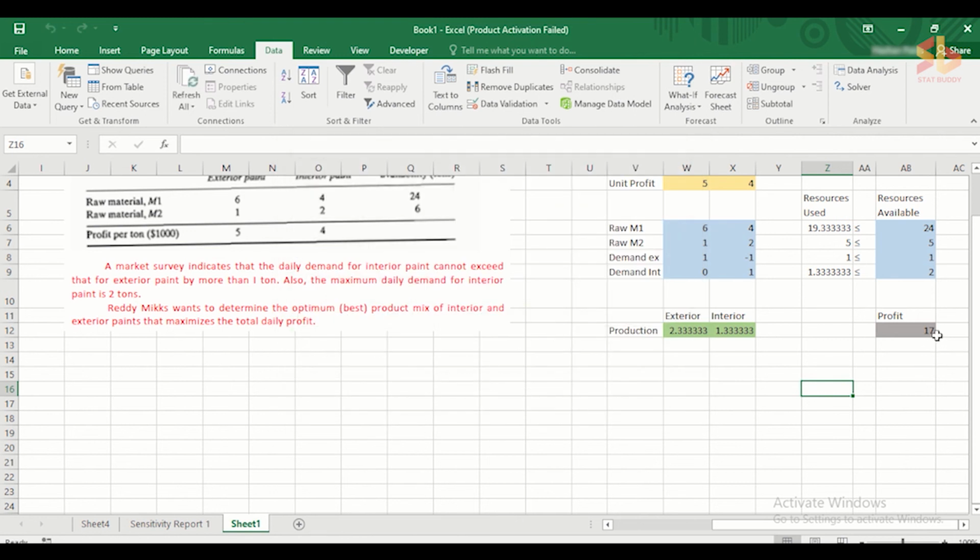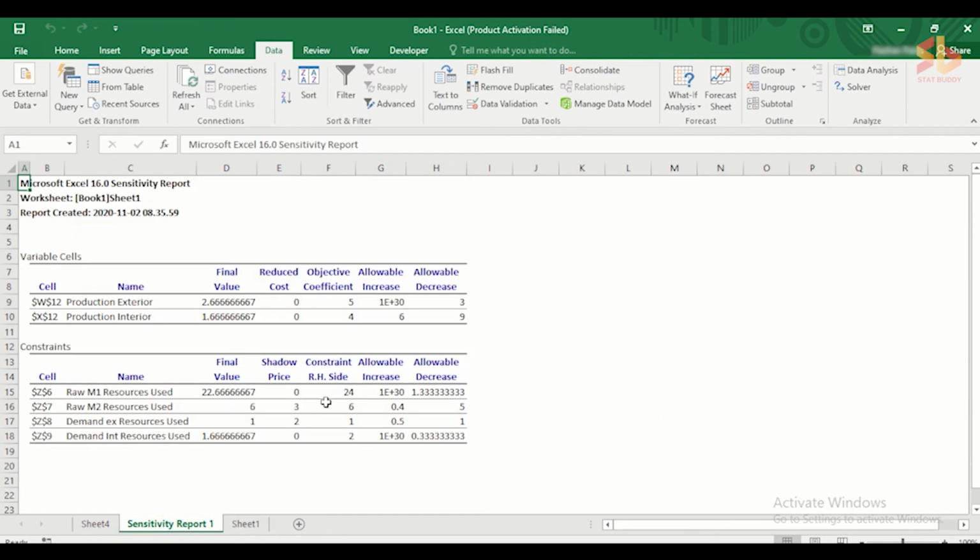You can see initially it was 20, now it is 17, which means by decreasing the right hand side value by 1 unit, the total profit has decreased by 3 units. So it is clearly stated under this shadow price column. This shadow price is valid only for this range, which means the allowable increase is 0.4, so 6 plus 0.4 is the maximum limit for the increment. So it is 6.4, the upper limit.